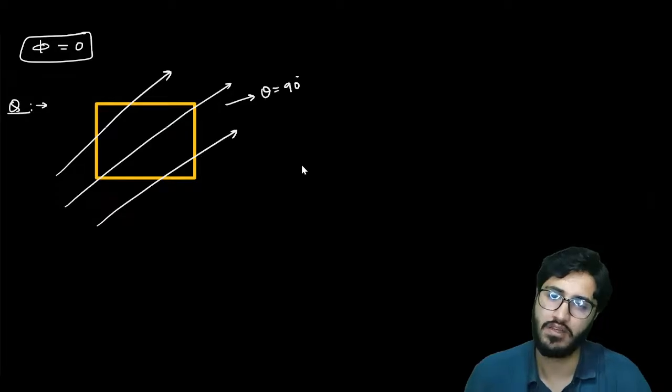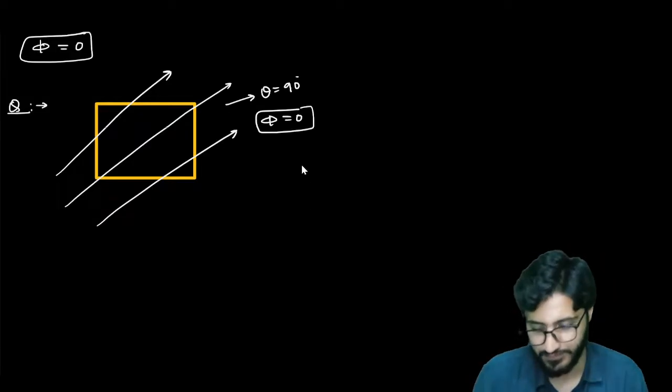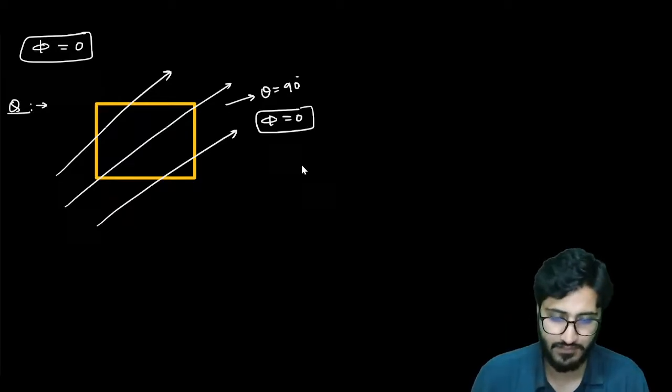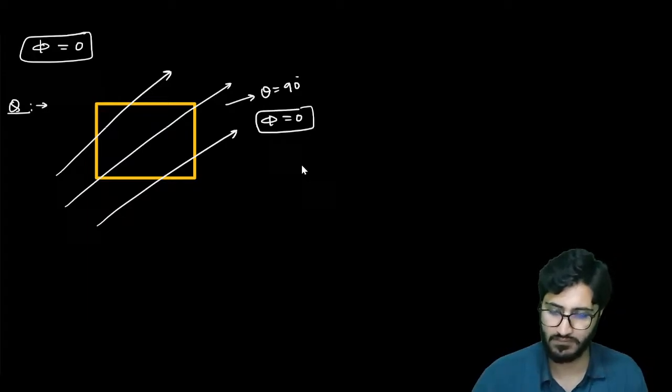So phi is also 0. Why? Cos 90 is 0. That's why we will get 0. Easy?